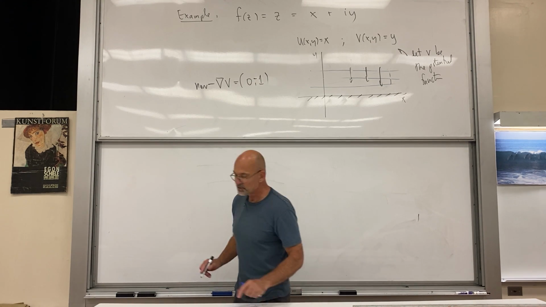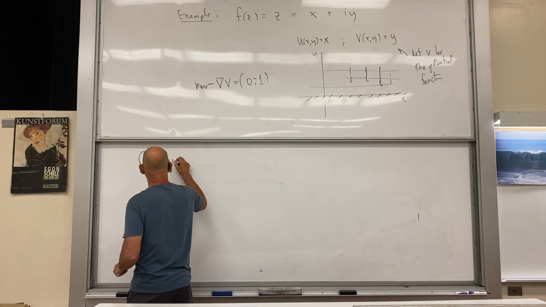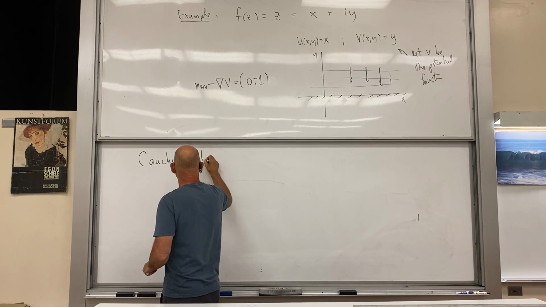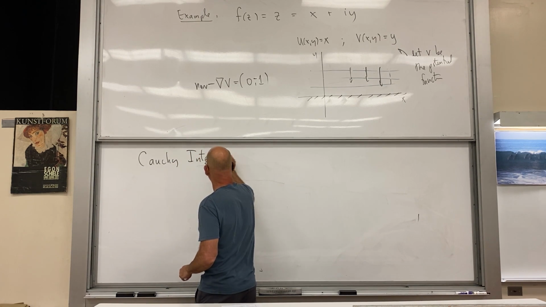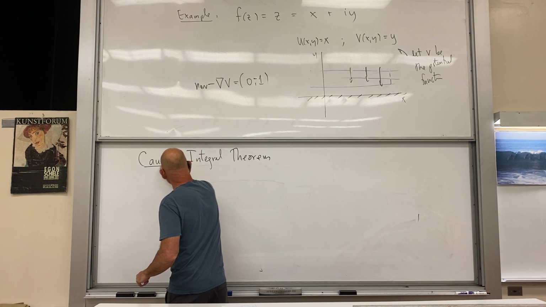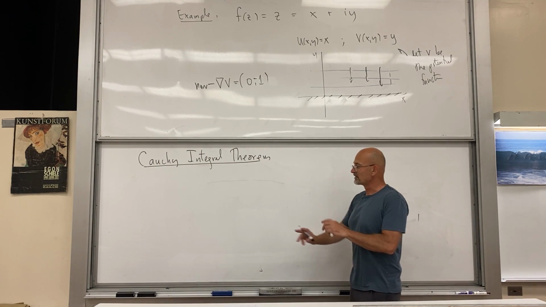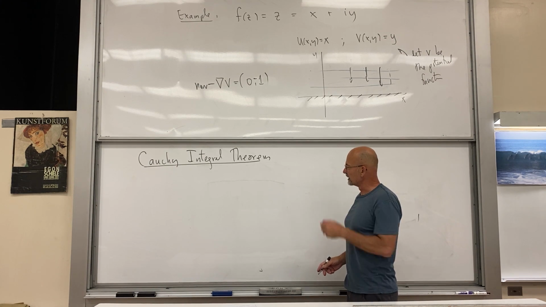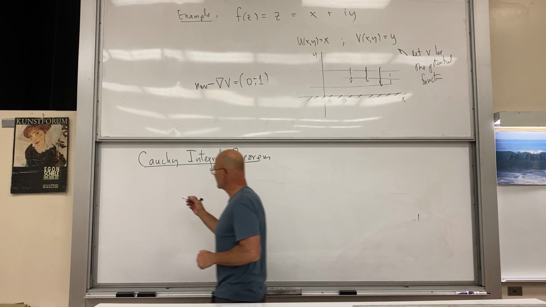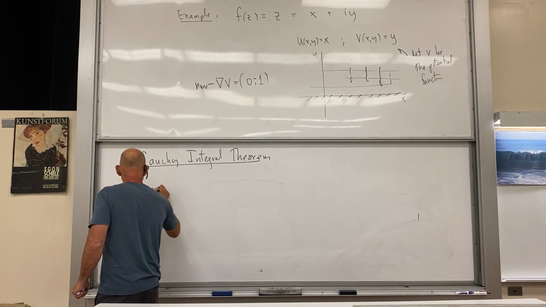Let's call this section the Cauchy integral theorem. So we're working our way up to the major theorem in complex analysis, from which everything follows. It won't take that long to get there. First we have to discuss what integration in the complex plane is.